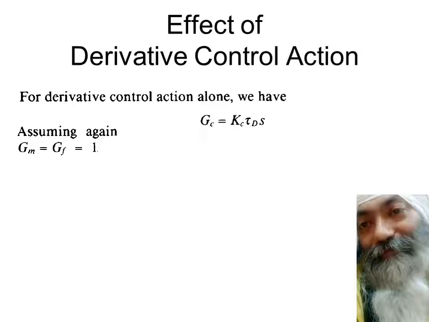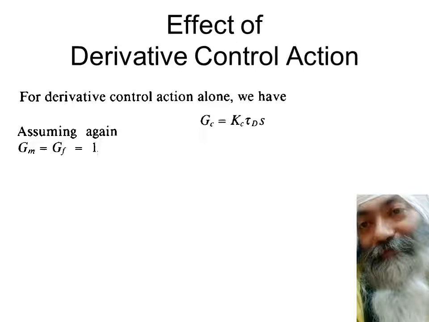It's the same Kc into tau d that we are using in the derivative controller. This Kc is common for all, so if you change one Kc, it changes in all, in case you are using all the three. In case you are using only one, then it's written as Kc into tau d s. This is the derivative control action and the transfer function of the controller is given by this.